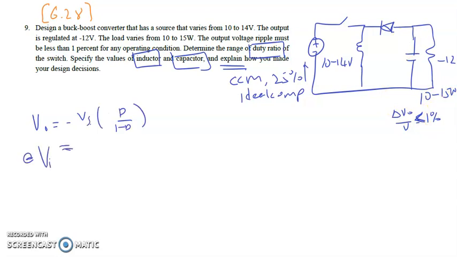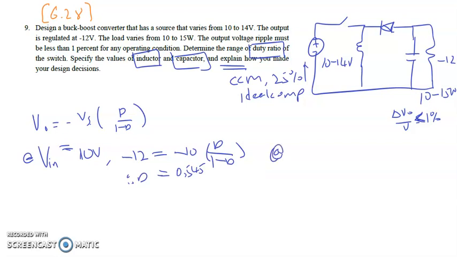We have an input voltage of 10 volt. So how much is D? For 10 volt, V out equals negative Vs times D divided by 1 minus D. So we get a duty cycle of 0.545.